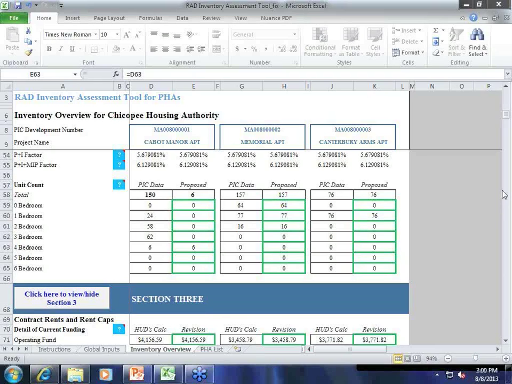Am I correct there? Yeah, so in general, the capital funds that housing authorities have have obligation and expenditure deadlines, and in the recent revision to the RAD notice, we've said we'll extend those obligations if you're committing them towards a RAD deal. It's hard to tell in this case. Is this a special deal you've got with HUD, in which case we'll have to work with it on a one-off and talk separately, or were you just planning to put capital funds in?